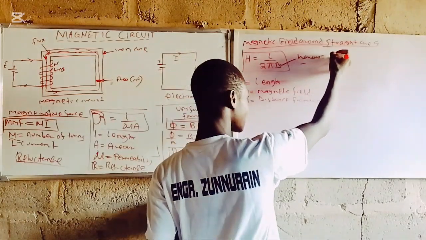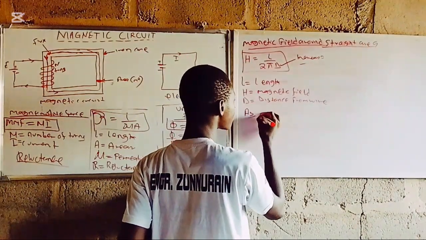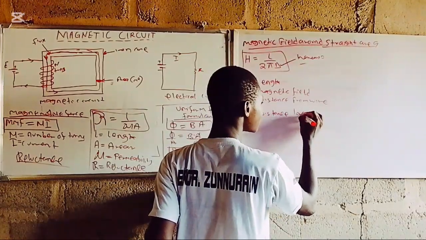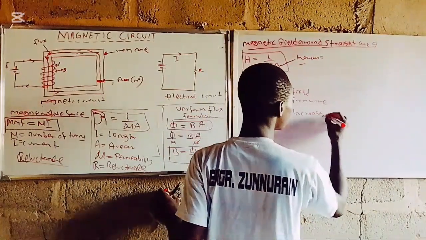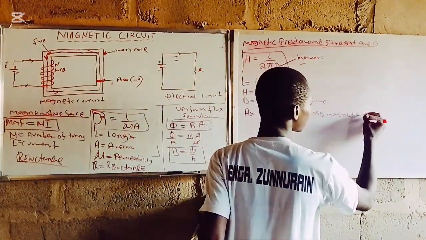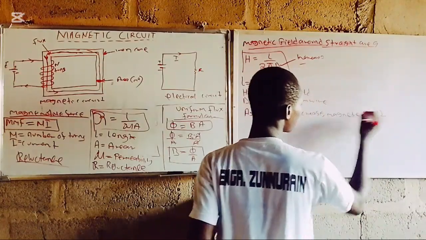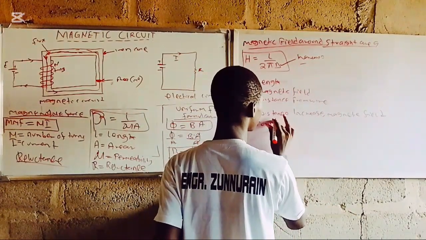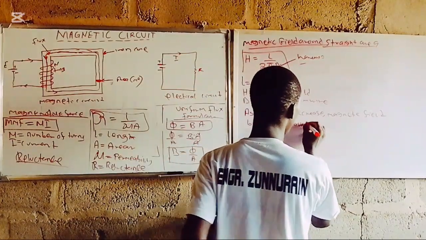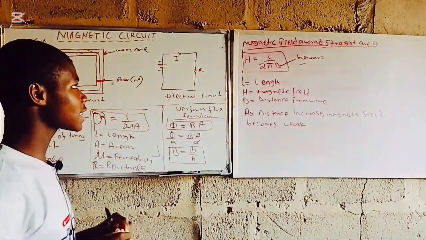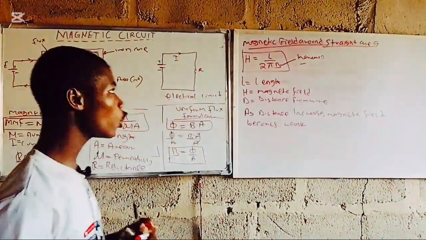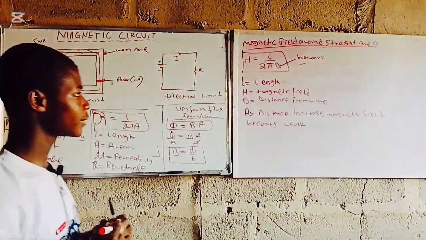As the distance increases, the magnetic field becomes weak. So this is the magnetic field around a straight line, with the formula I over 2 pi D.